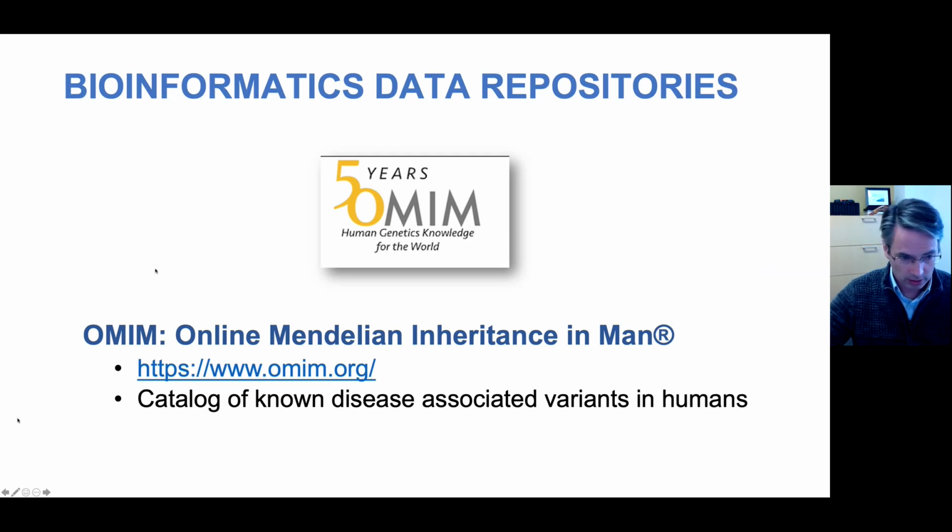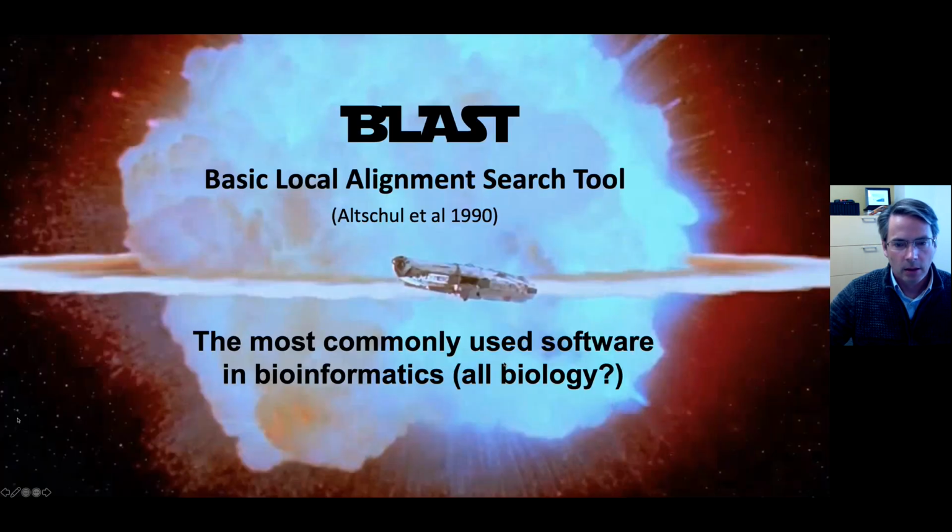This one is for human, catalog of Mendelian mutations. Disease-associated variants is probably a better way to say it than mutations. Because to be in here, they have to have some kind of association already made with them. So that's where you're going to get the data.